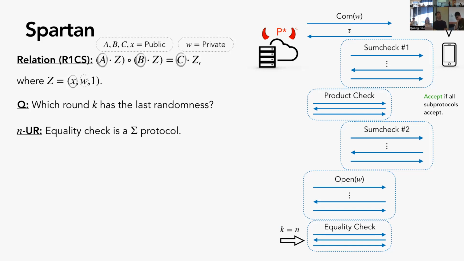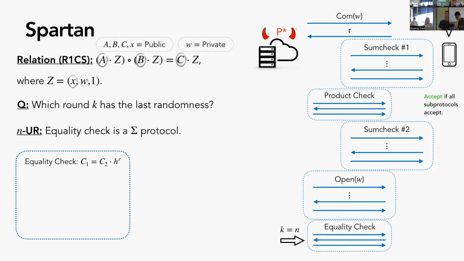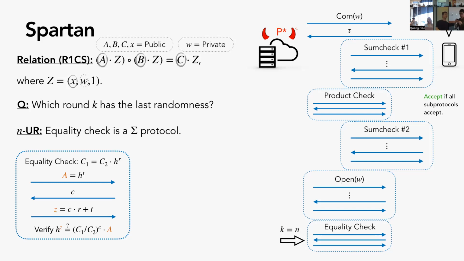And the main observation here is that the equality check is just a simple sigma protocol. Let me give this sigma protocol. It is a three-message protocol of this form. And what do we want here?